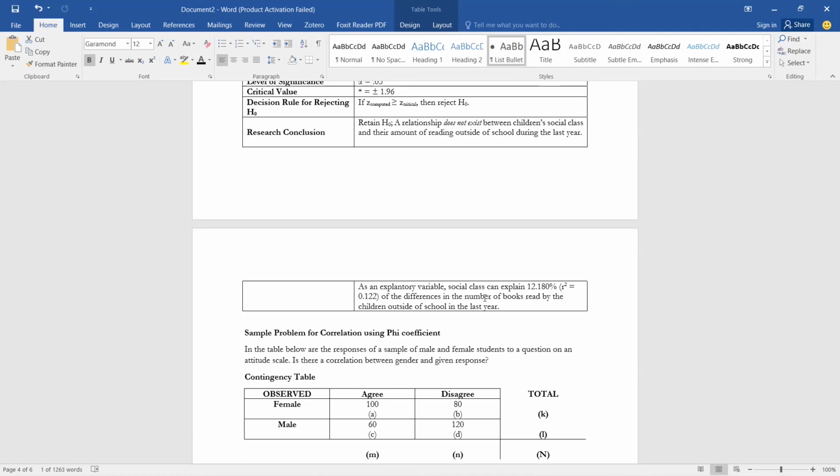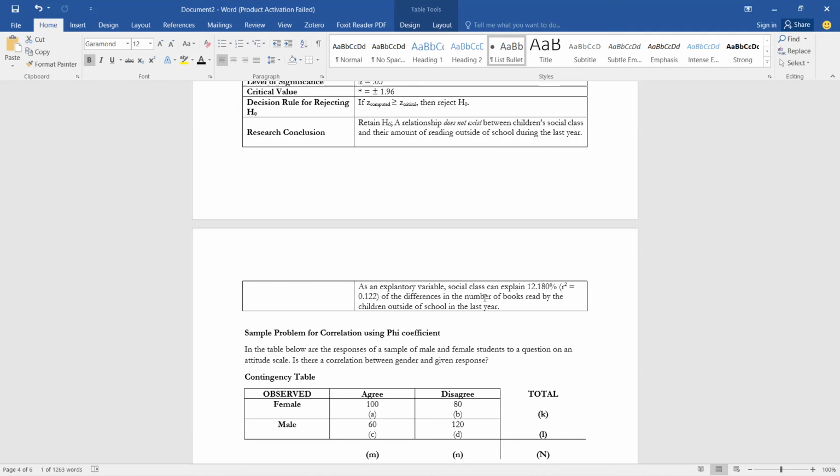So perhaps there'll be more facilities set up for reading, libraries, mga ganyan. So what else besides social class, dito na pumapasok yung social science of it all. What else besides social class could potentially explain the number of books read by the children outside of school in the last year?